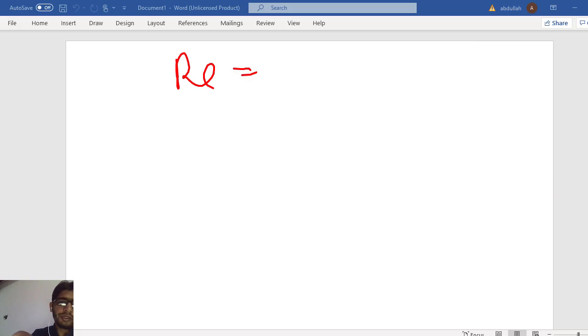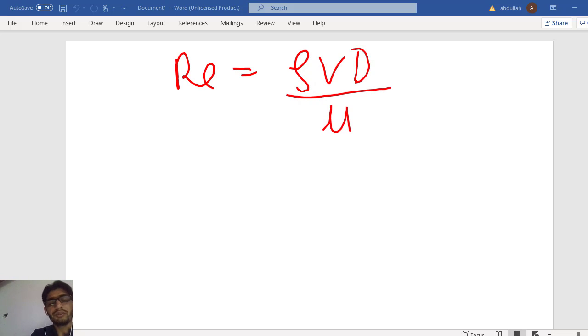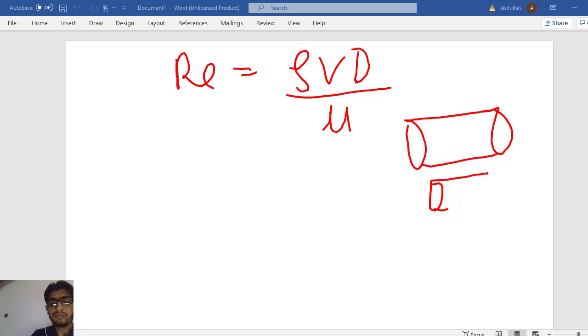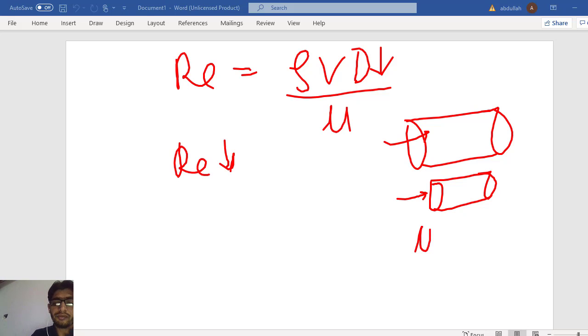Now the relation between density, velocity, diameter of the pipe and viscosity of the flow: when the diameter of the pipe is small, then the Reynolds number will be small. When the viscosity of the fluid is very high, the Reynolds number will be very small and it will be laminar flow.